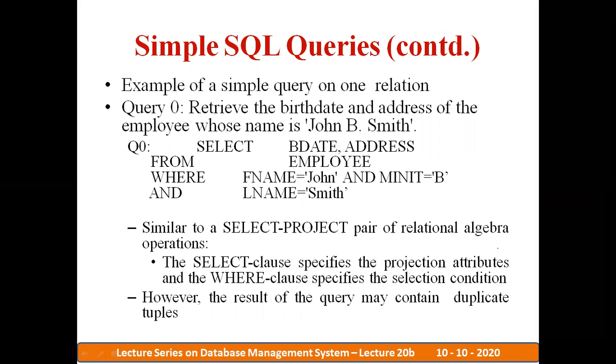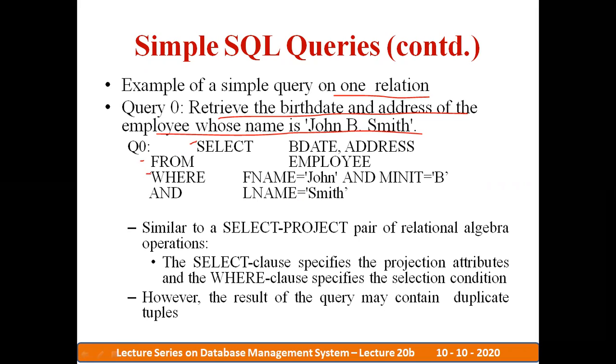Let us see the first example. This is a simple query because it involves only one relation. The query says that we need to retrieve the birth date and the address of the employee whose name is John B. Smith. John is the first name, B is the middle initial, and Smith is the last name. The basic structure is select from where.